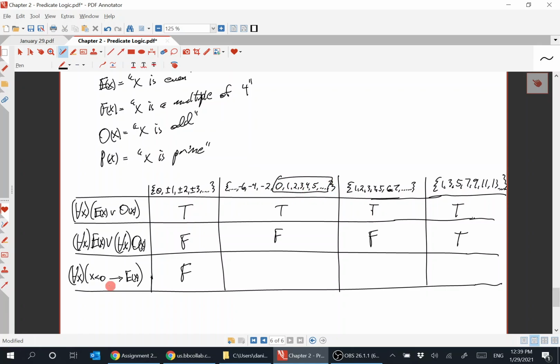What happens to the implication here? The hypothesis is false, which makes the implication true. So for every x, either the hypothesis is false, or the hypothesis is true and the conclusion is true.